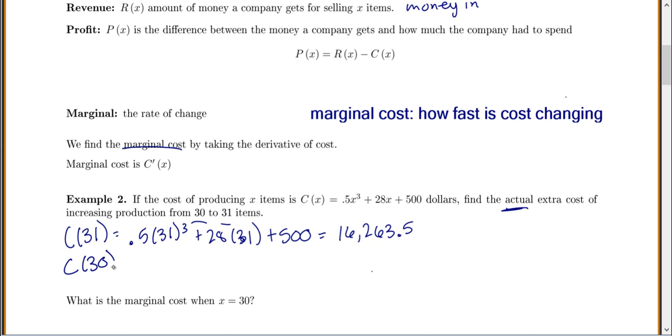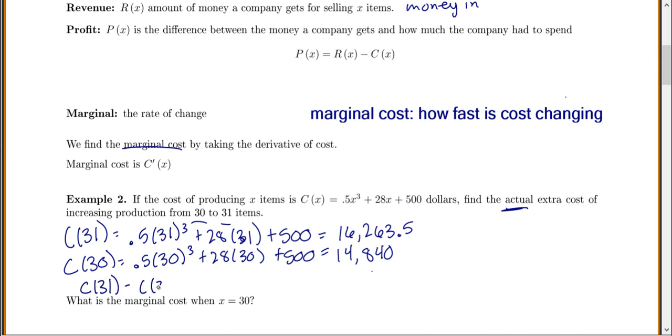The cost of producing 30 units is you do the exact same thing but put a 30 into your equation, which is 14,840. So the actual cost of increasing from 30 to 31 units is you do what? 31 units minus 30 units.